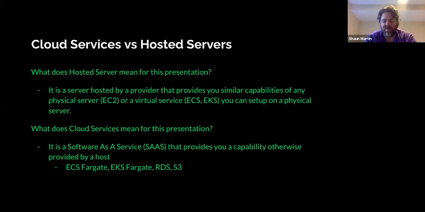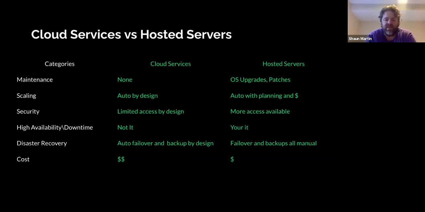And S3, DynamoDB is another great example of a cloud service, where literally with ECS Fargate you just throw a container in the cloud, you're not managing a cluster, you're not managing nodes, it can auto scale, auto go, and everything else like that. And we'll get more on that, but that's kind of what we mean for cloud service versus hosted service in this presentation. Even though it might have service in the name like ECS and EKS, it's not a full service that you can serve from without managing infrastructure.